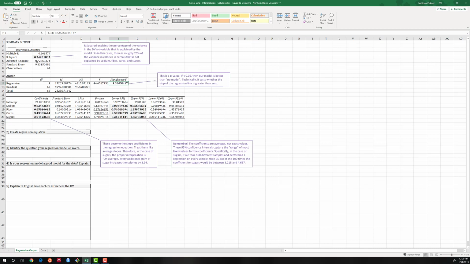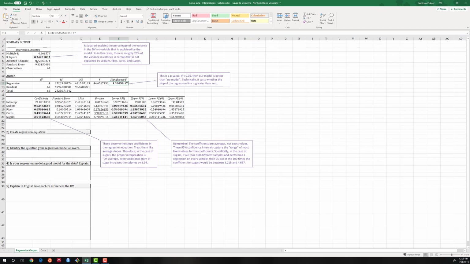The R-squared value explains the percentage of the variance in the dv, the y variable, that's explained by the x variables in the model. So specifically, in this case, there's roughly 26% of the variance in calories in cereals that we can't explain by just using the changes in sodium, fiber, carbs, and sugars.